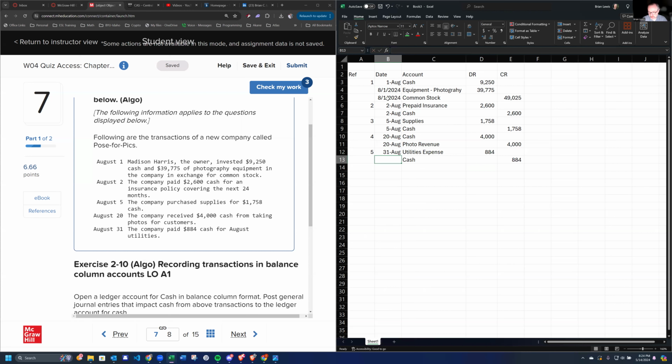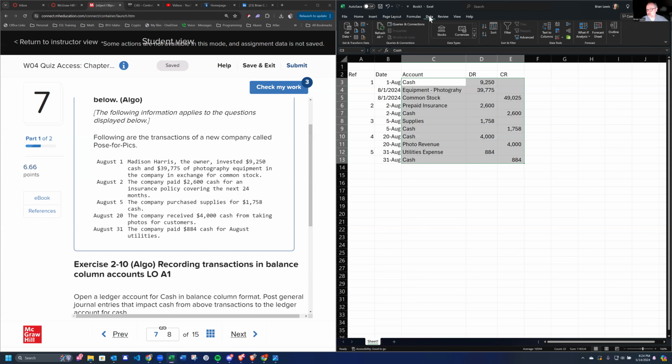And that's going to give us kind of a feel for what it looks like as a T account. Okay. So if I sort all these by their account balance, this is data, sort A to Z, bam, we have basically a trial balance for cash right there. Or not a trial balance, we have a T account for cash right there.